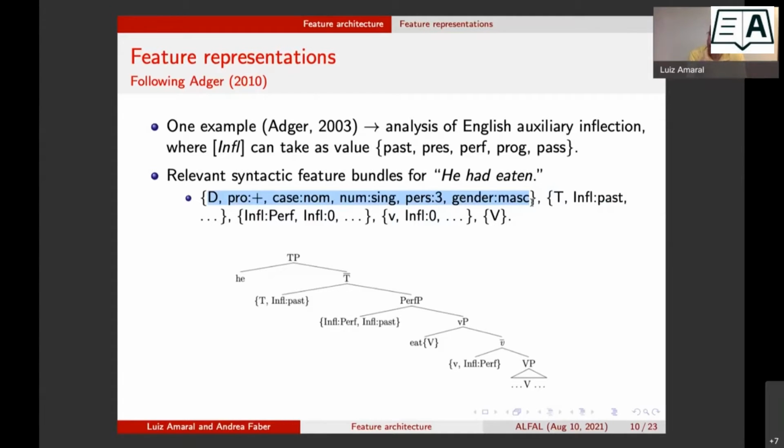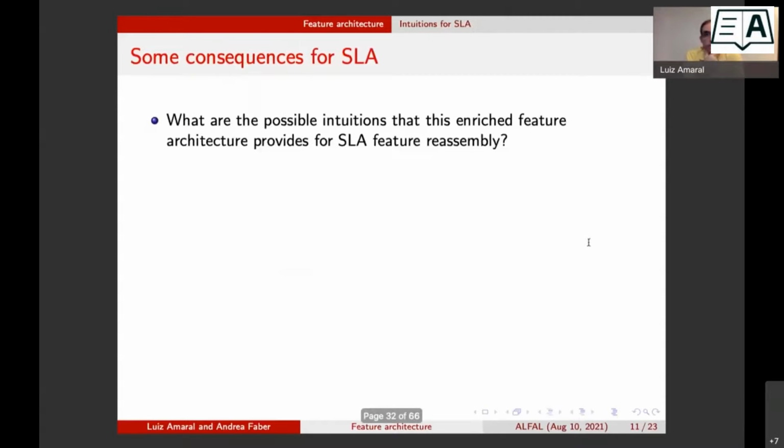We can say that there is an attribute called case, and then we have a value that's nominative. There is an attribute called number, and then there's a value singular, okay, and so on and so forth, right? As I said, that specific change to feature representation makes our lives much easier when we're speculating about feature reassembly in second language acquisition.